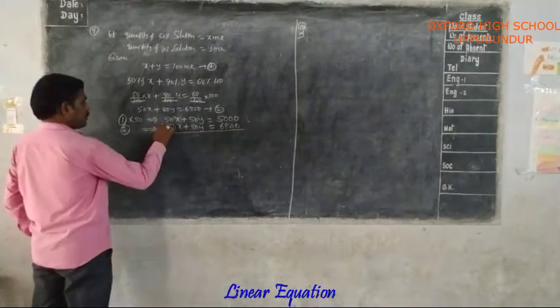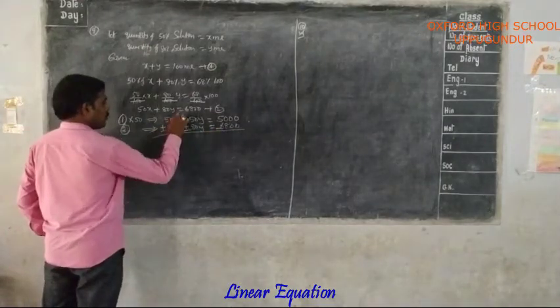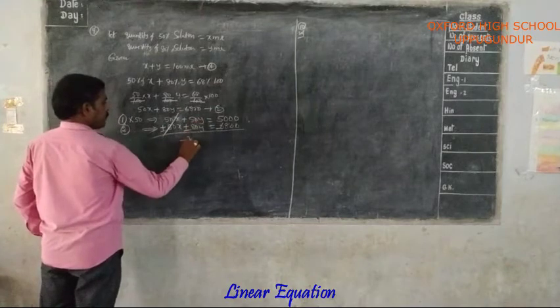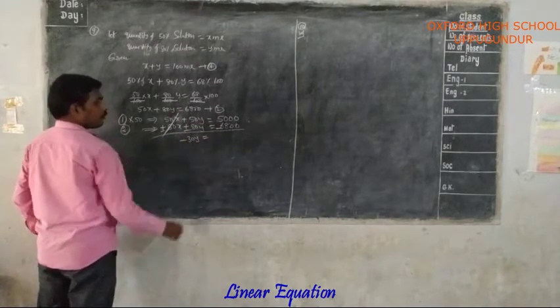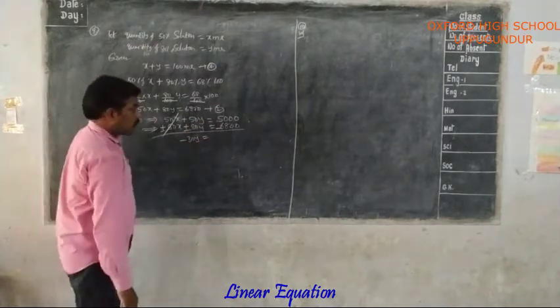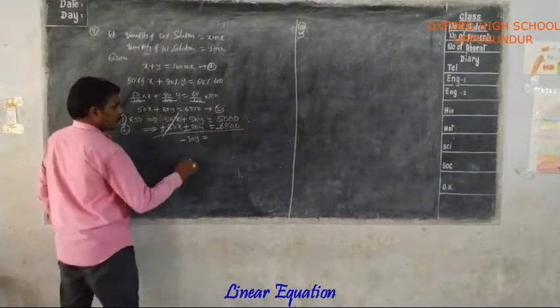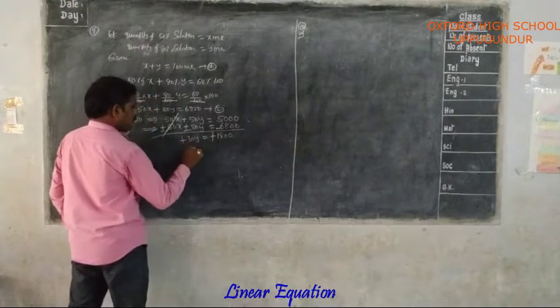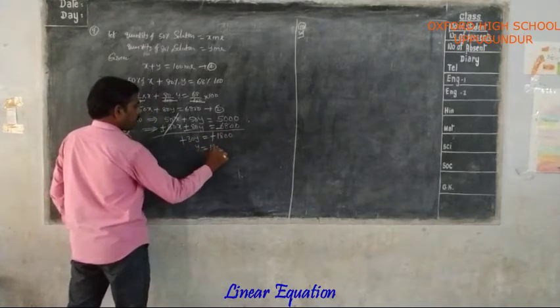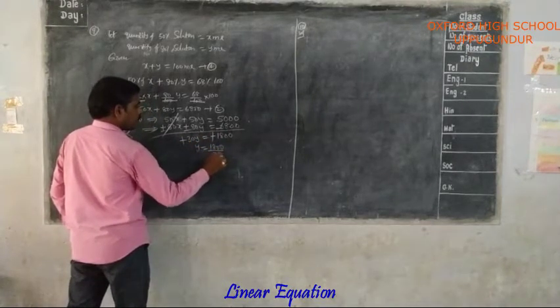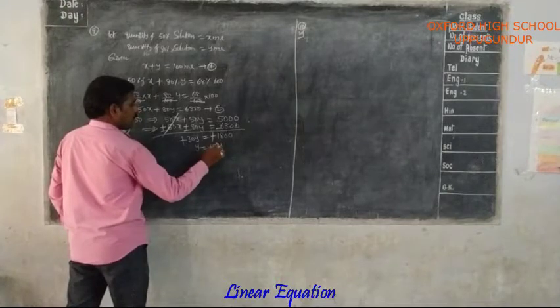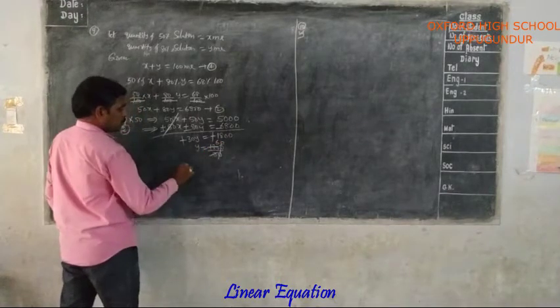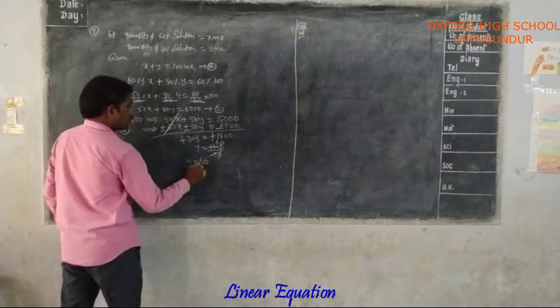Now subtracting these two. 80 minus 50 is 30y equal to 6800 minus 5000, so 1800. The 50x terms cancel. Y equal to 1800 by 30. So y equal to 60.